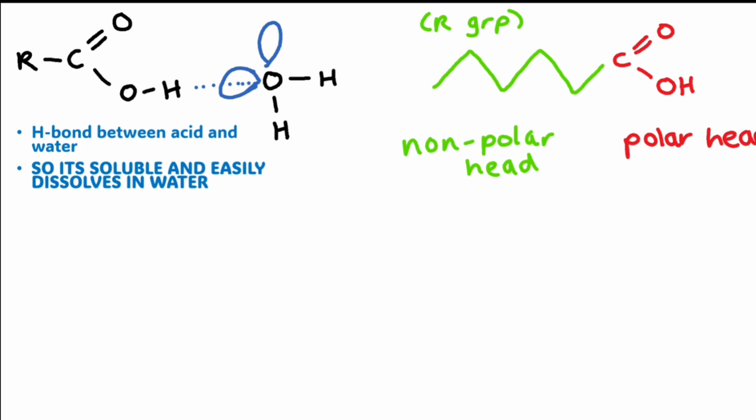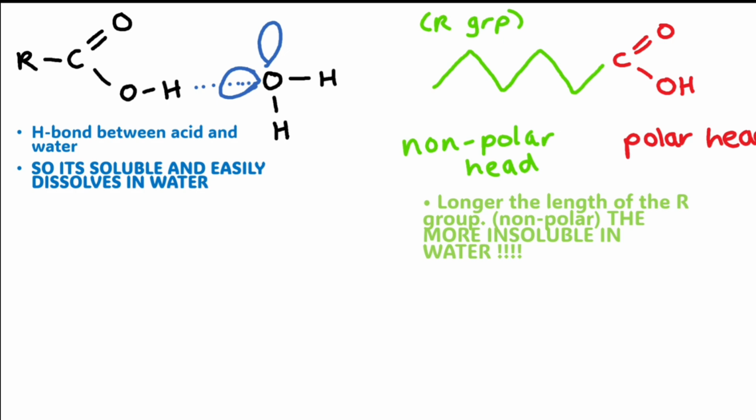But the carboxylic acid group has some electronegativity going on, so therefore it's polar. We know that from bonding. So the longer the length of the R group, which is the non-polar head, the more insoluble the carboxylic acid is in water.